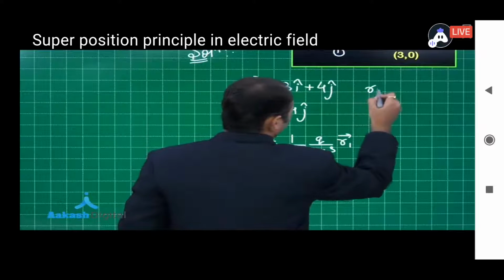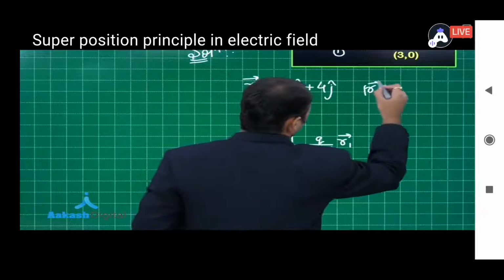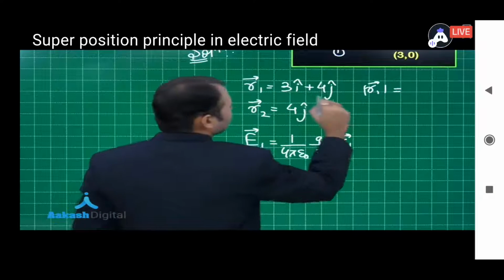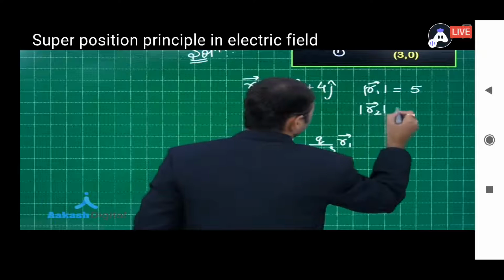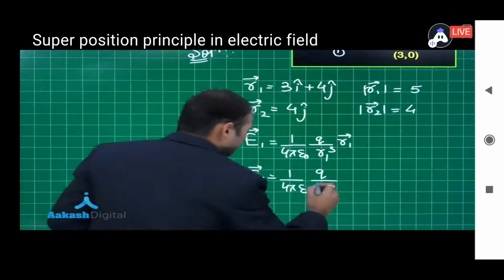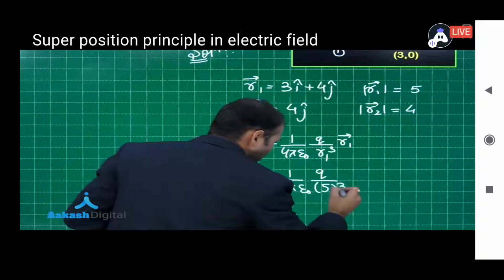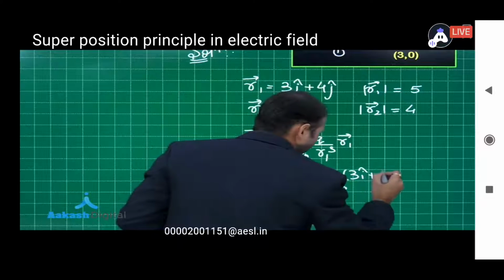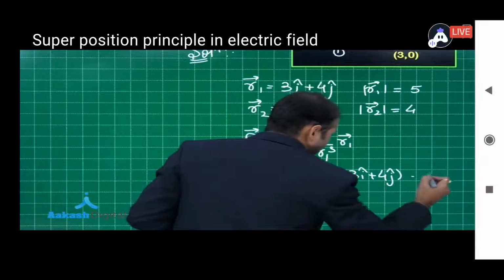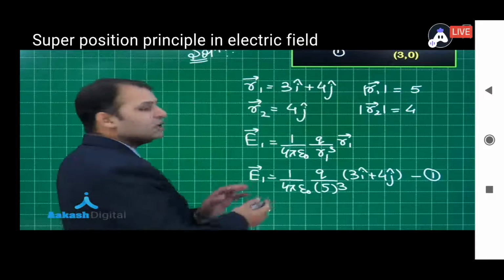If you just write the magnitude of R1 here, you will get under root of 3 square plus 4 square, that would be 5. And what is the magnitude of R2 vector? It is simply 4. So you will get 5 cubed Q into the R1 vector, that is 3 i cap plus 4 j cap. This is the first equation which we have found. This is the value of E1.